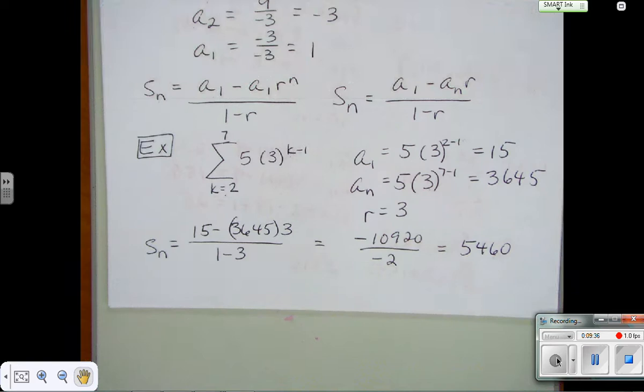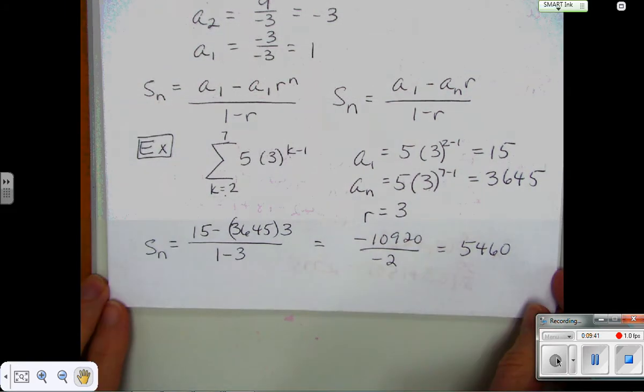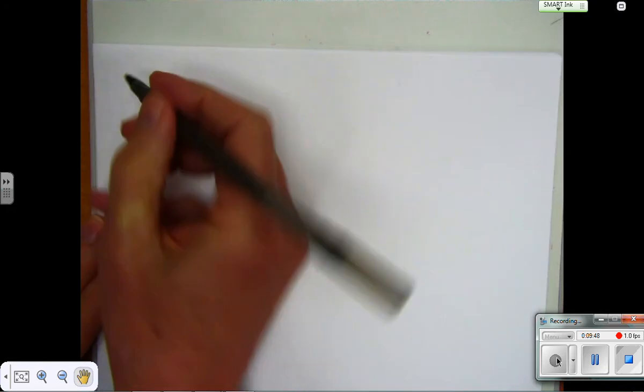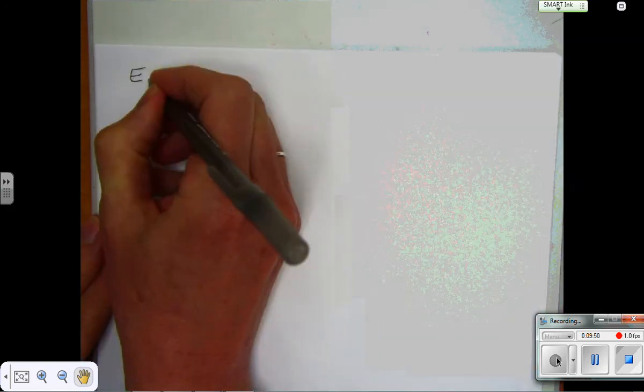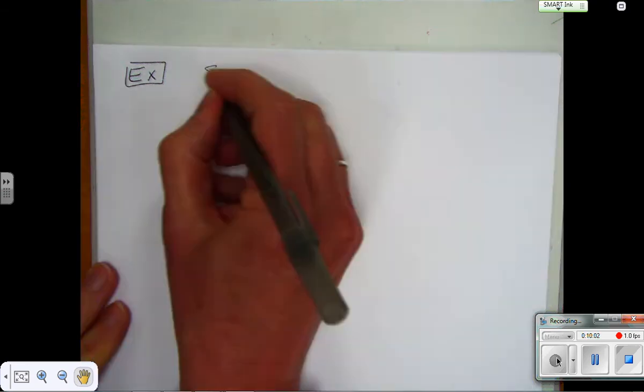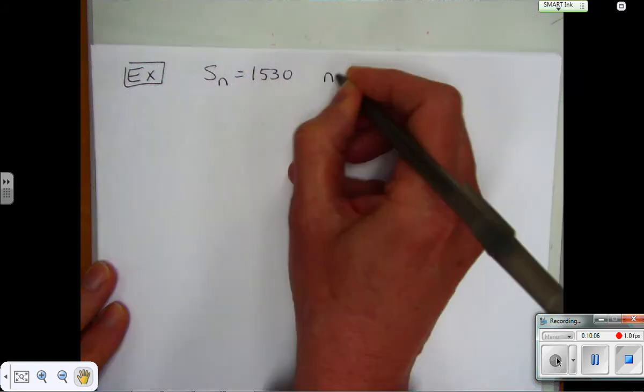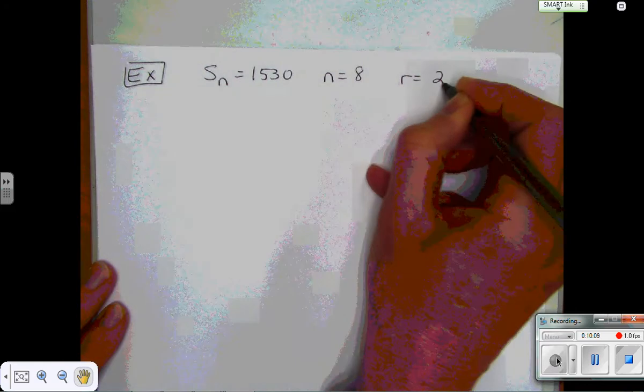Okay, let's do one last example. Is everybody finished here? Let's look at that example 2 on your paper. It says find a sub 1 in a geometric series for which s sub n equals 1,530. n is 8, and r is 2.